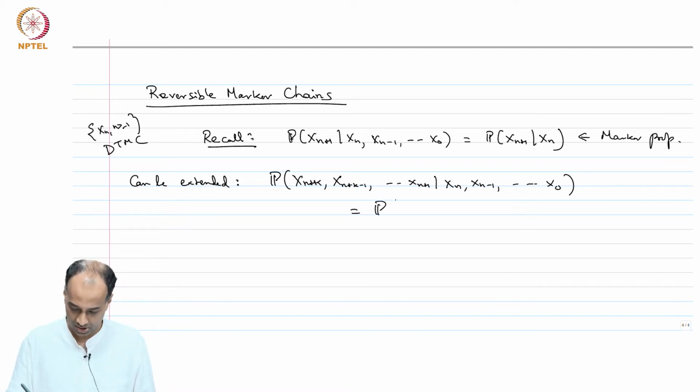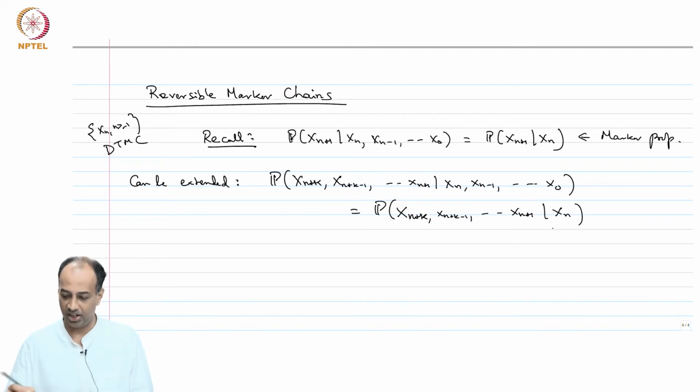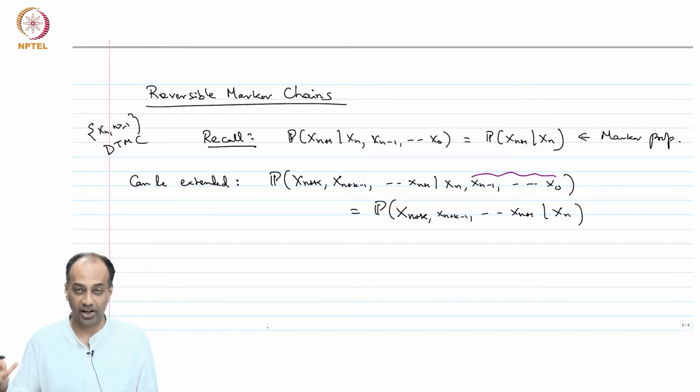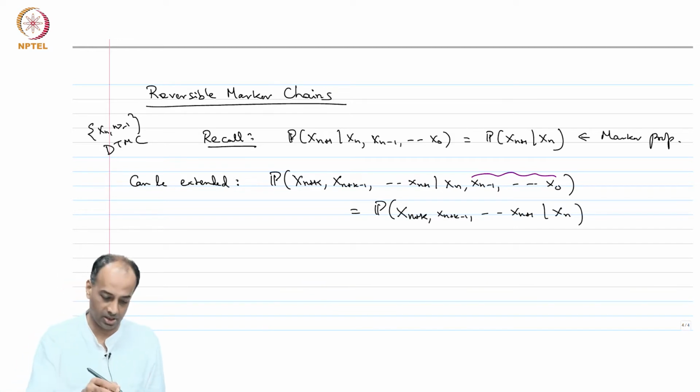For any Markov chain (a DTMC), you can just use conditional probabilities and the Markov property repeatedly to show that this is simply equal to the probability of X_{n+k}, ..., X_{n+1} given X_n, which means you can forget about all of that conditioning; it can be thrown out. This does not require any further assumptions. It is a simple exercise, and you may want to do this fully yourself.